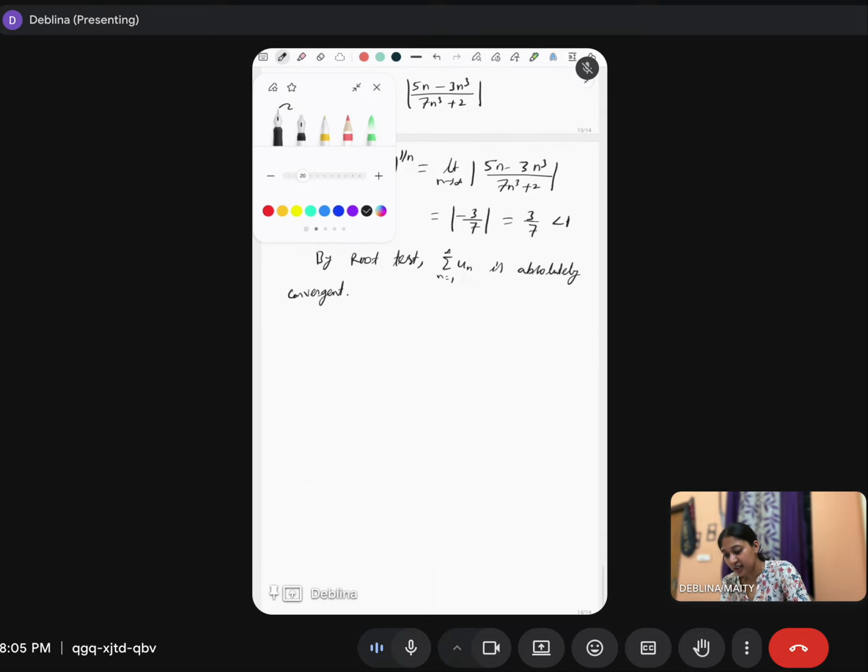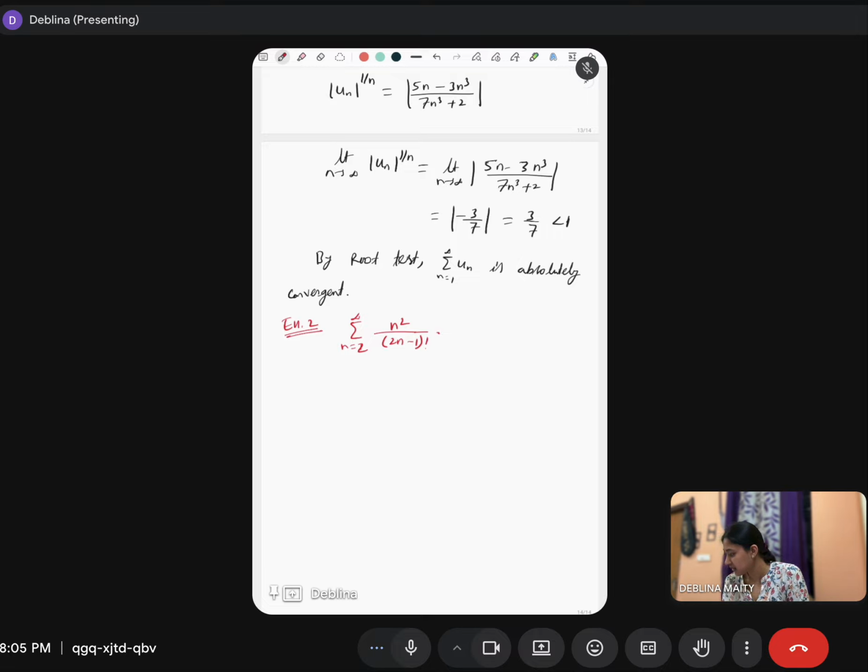Okay, let's see another example. Take this sum n equals 2 to infinity, n square by (2n minus 1) factorial.